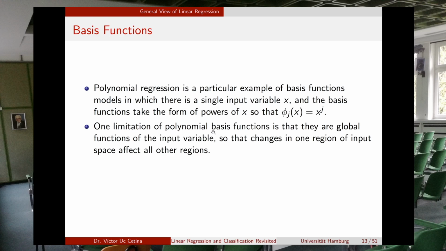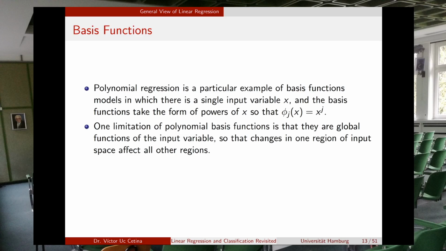Now, one limitation of polynomial basis functions is that they are global functions of the input variable. What does this mean? Suppose that this x is just a scalar, it's not a vector. It means that every time you take a data point and you make changes in the parameters, the shape of the polynomial is going to change globally.